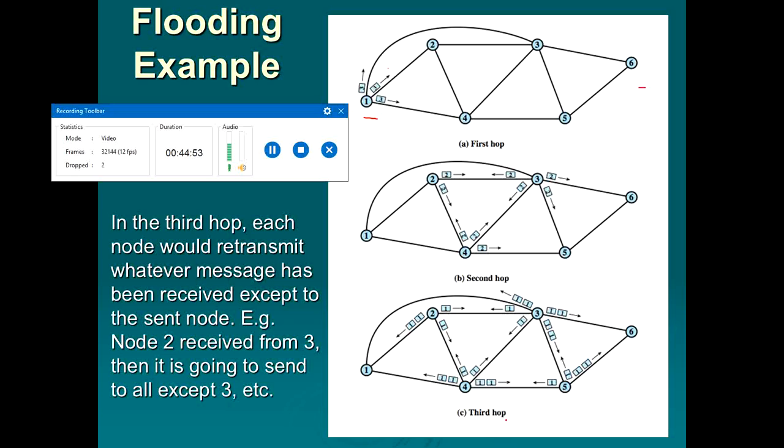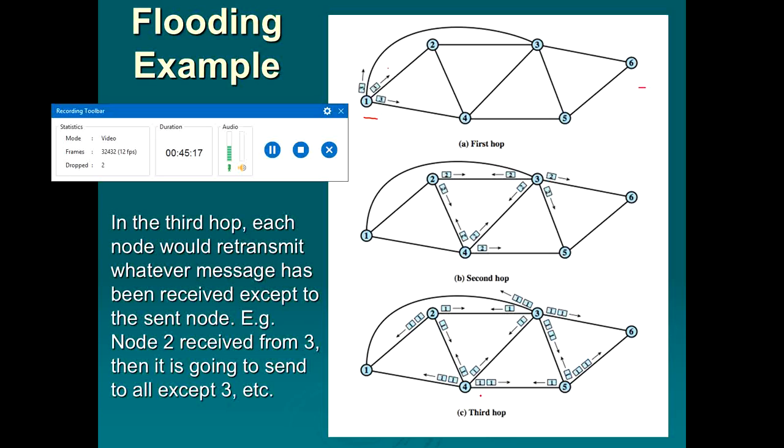So in the third hop, each node would retransmit whatever message they have received except to the sender node. So for example, node 2 has received from 3. It will not send the packet to node 3, rather it will send it to all except node 3. It will send the packet to node 1, it will send the packet to node 4.